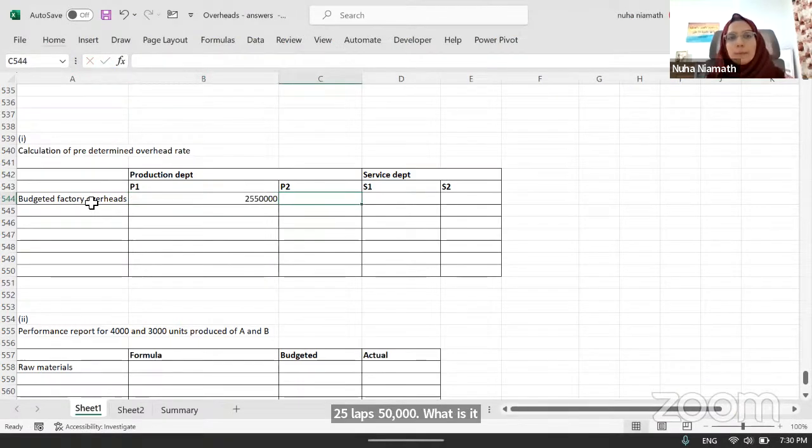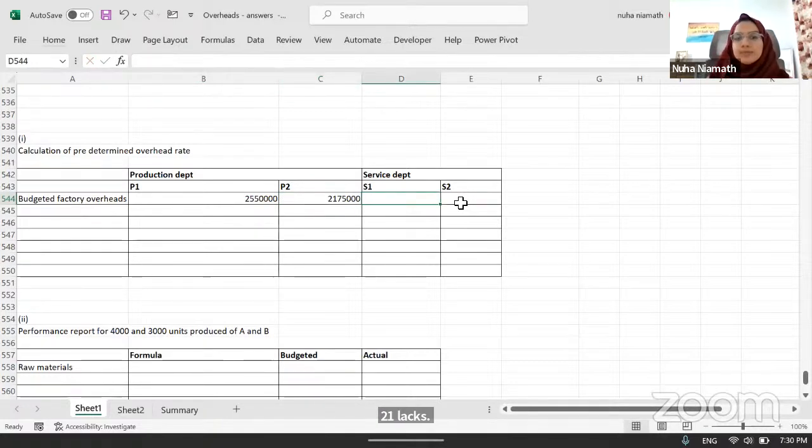What is it for P2? 21 lakh 75,000. For S1? 6 lakhs. And S2? 4 lakh 50,000.